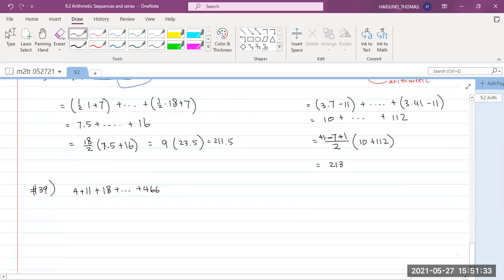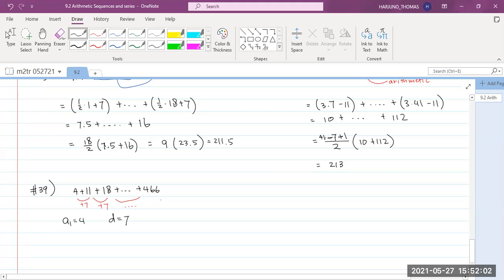Express this using summation notation, using the sigma notation. So then let's say identify it first if we can see the pattern. So you add 7 here, you add 7 here. So you keep on adding 7. Okay, so the first term is 4. The common difference is 7.